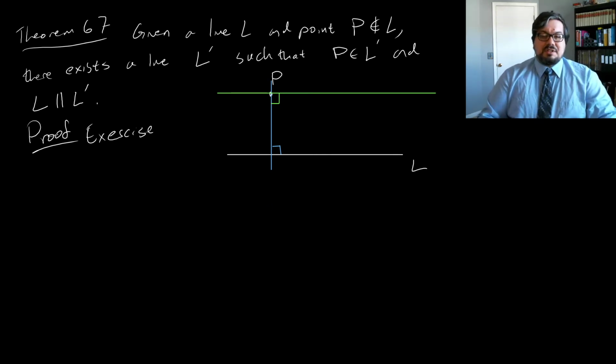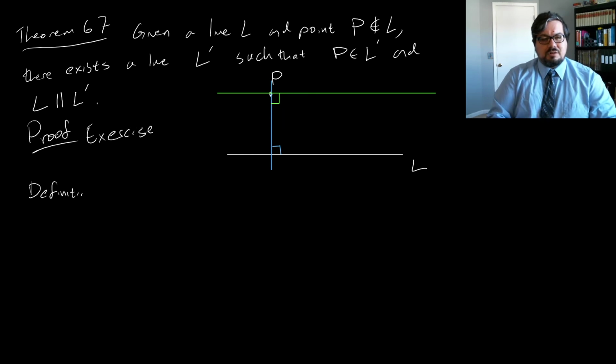This sort of situation where we've got a couple of lines, the green and the white, and a line that passes through both of them, comes up very often in the types of arguments that we're about to start working on, and so we want to give it some terminology. So definition 68.